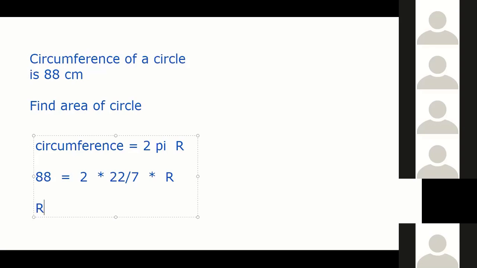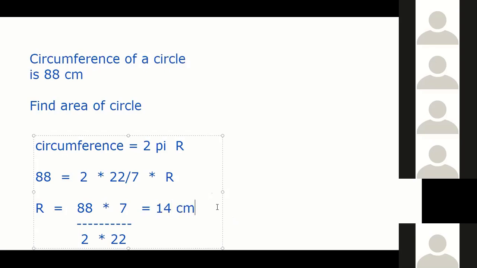R equal to 88 into 7 by 2 into 22, right? Just normal maths of substituting. So R is nothing but 14 centimeter. Correct? We got R as 14 centimeter.